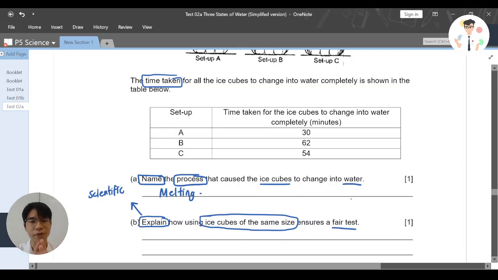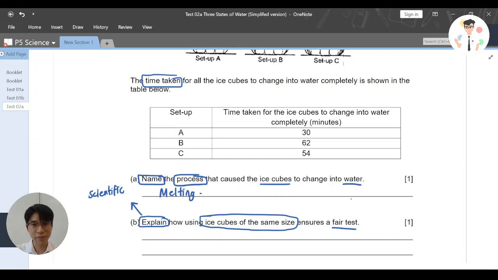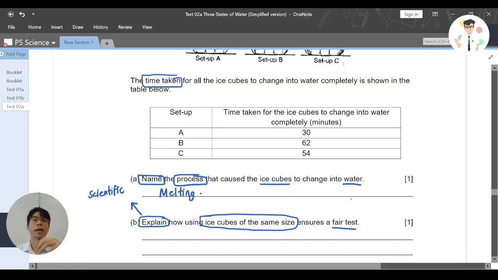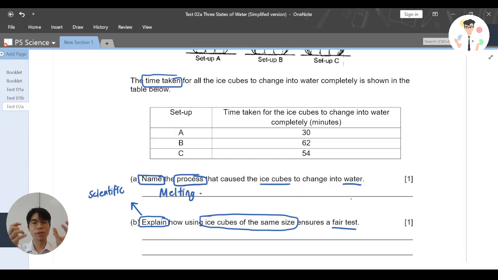Now, you need to understand one thing first. Fair test means that I want everything to be the same. Only the thing I want to check whether it affects the result can be different. The rest must be the same. Usually they ask you how to ensure a fair test, and you say, by using the same size of ice cube. But this question already says ice cubes of the same size.